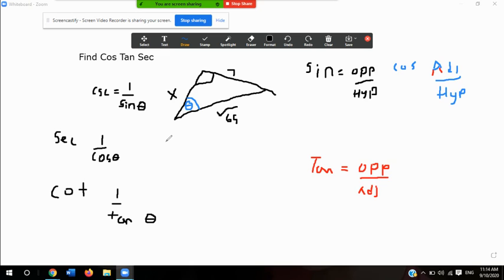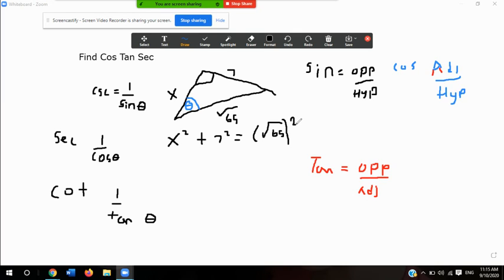So we're going to use Pythagorean again, and we're going to say x squared plus 7 squared equals the square root of 65 squared. Okay, and the reason I'm putting the parentheses is because you'll see what's going to happen now.